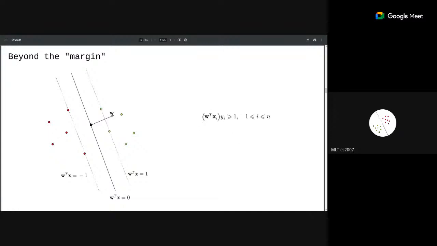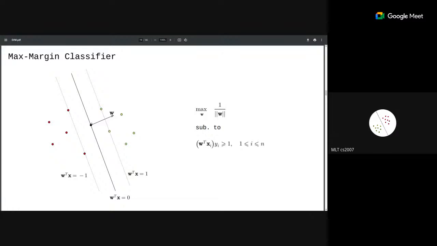Now, what is our goal? Our goal is to maximize this margin. The margin is 1 by norm W, recall that's what we arrived at. We have to maximize this margin subject to these constraints. There are n constraints, one for each data point. So this is our optimization problem.